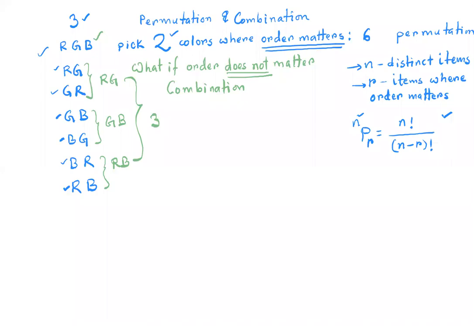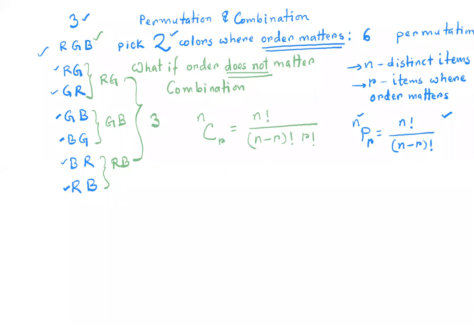And the formula for that is, for n distinct items, you do a combination of r items from n distinct items, and that formula is n factorial divided by n minus r factorial times r factorial.